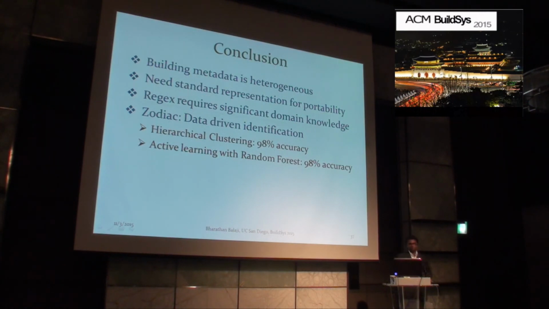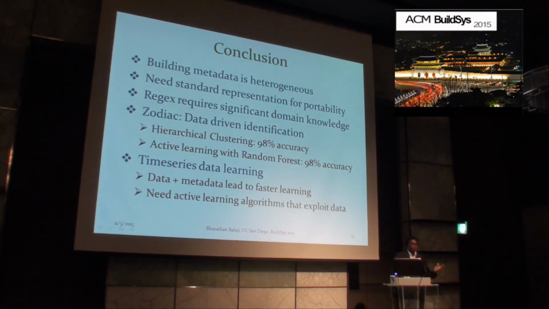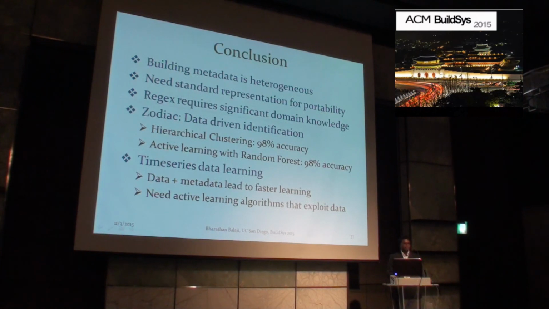And active learning labels all those different clusters with 98% accuracy again, and reduces the number of labels needed compared to regex by 20%. Time-series data learning is useful, and we saw that with supervised learning it does boost the accuracy, but it doesn't work well with our active learning algorithm.